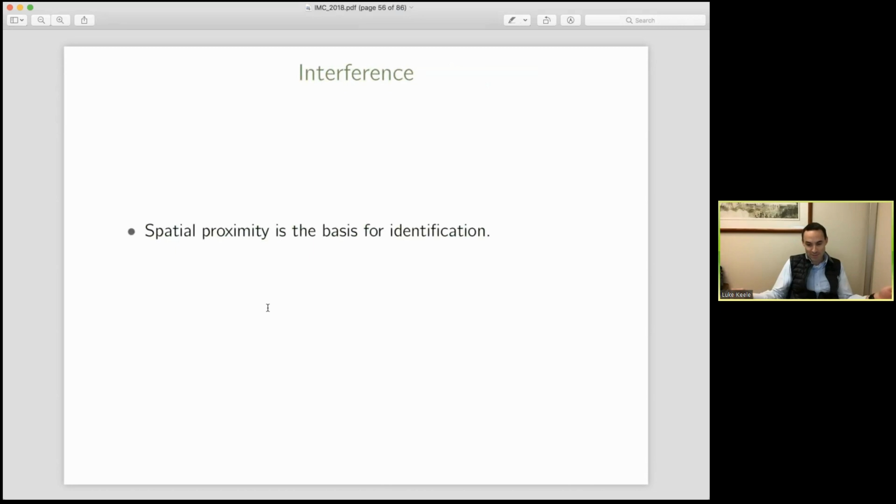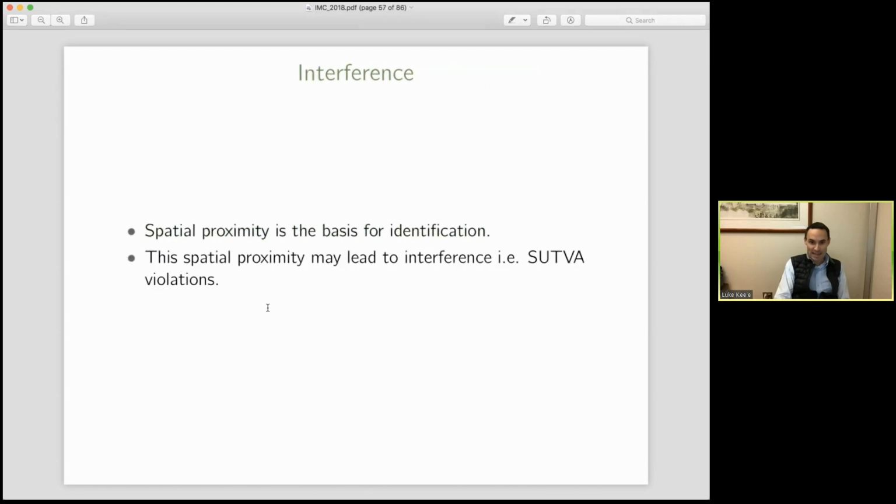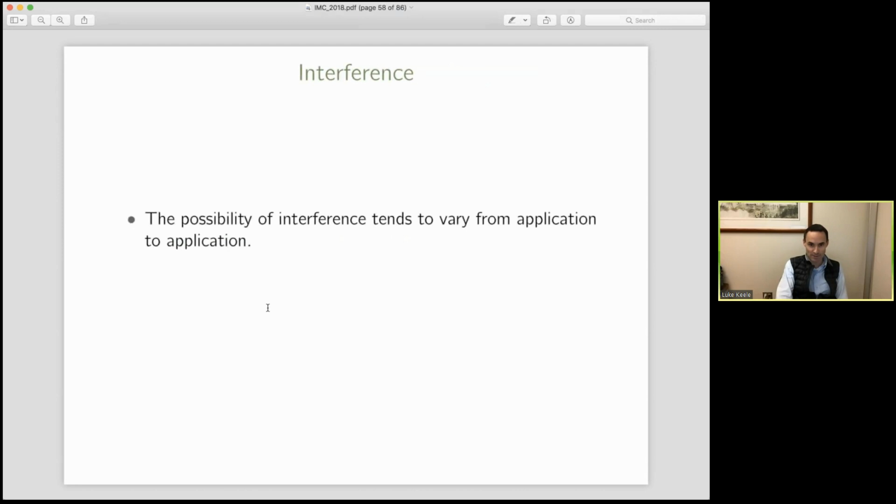We're assuming that if people are close to each other, they're going to be similar. What that means, however, is that spatial proximity may lead to interference. Because these people live or work near each other, what's to stop the treated units from giving some of their treatment to the people who live just over the border in the controls?